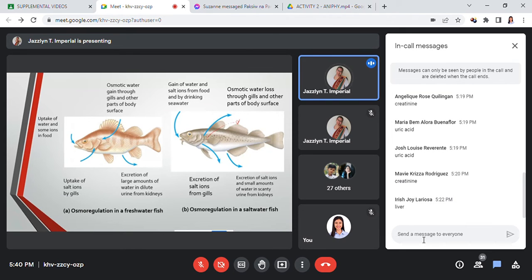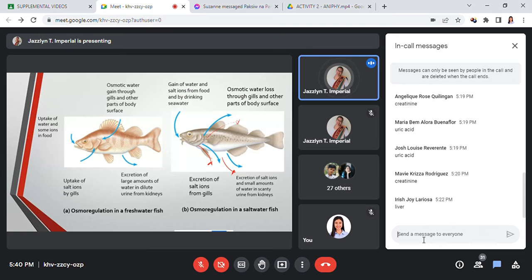Why is that? First, the only way that they can gain water is from the food that they eat and drinking seawater. No choice. That is their environment. But how do they lose water? They lose water by osmosis through their gills and other body surfaces. They also excrete ions through their gills.